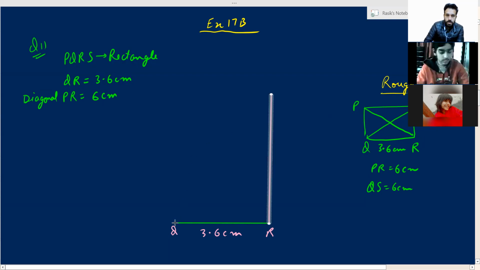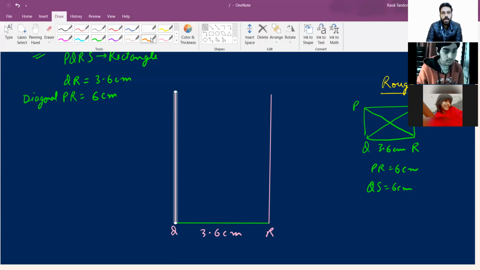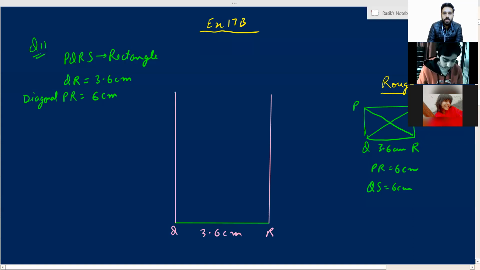So this is a 90-degree angle. We all know that angle Q and angle R will be 90 degrees. Why 90? Because we are going to construct a rectangle, and in a rectangle all angles are right angles. So obviously angle Q and angle R will be 90 degrees. So we just have to find the vertex S and the vertex P now.